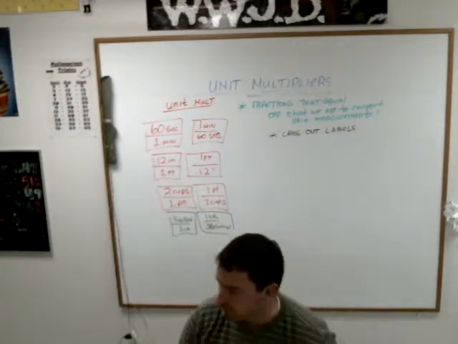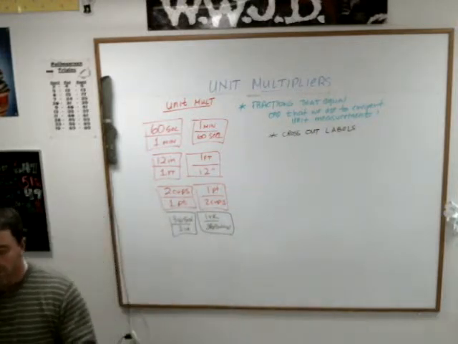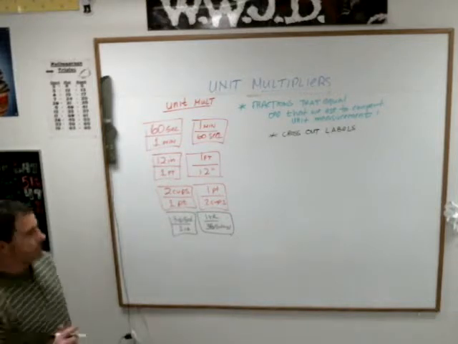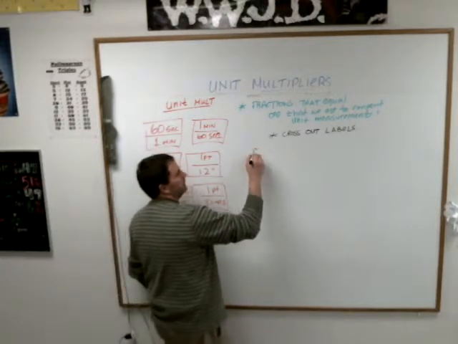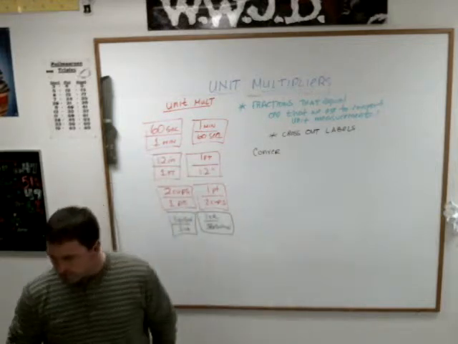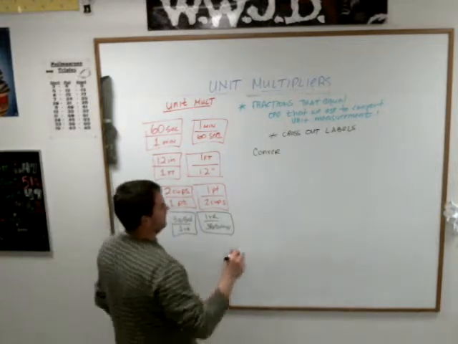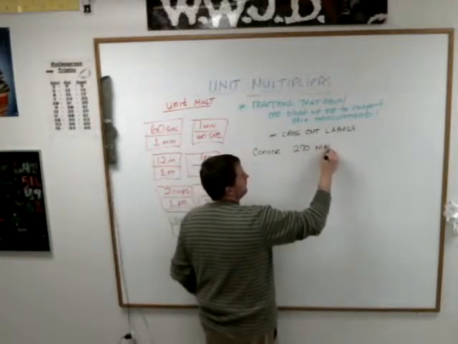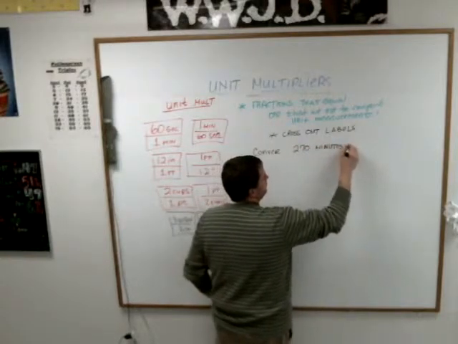Let's start simple with this one. Here's how you would use a unit multiplier. For example, convert 270 minutes to hours.